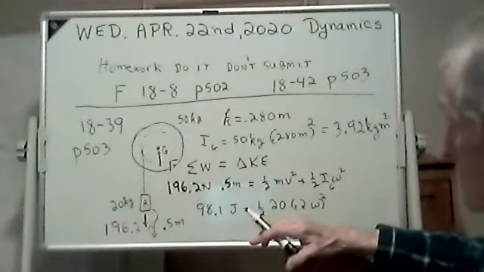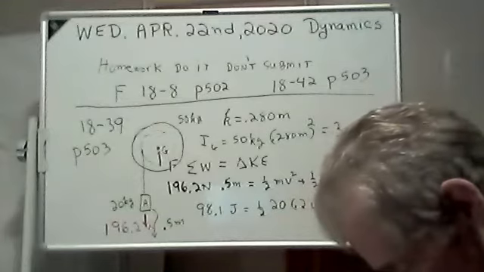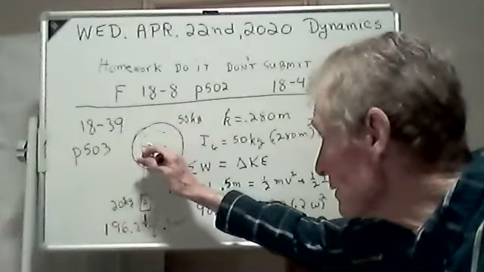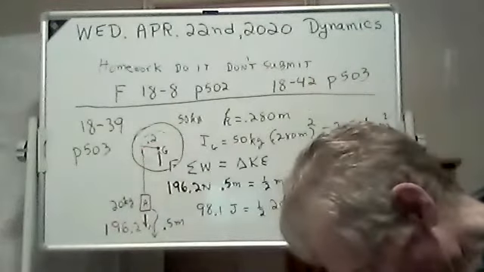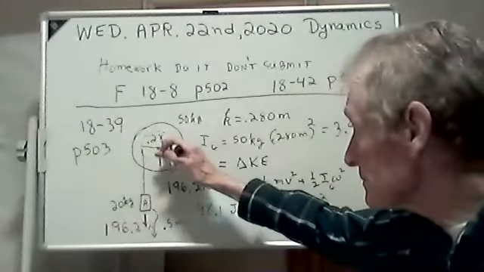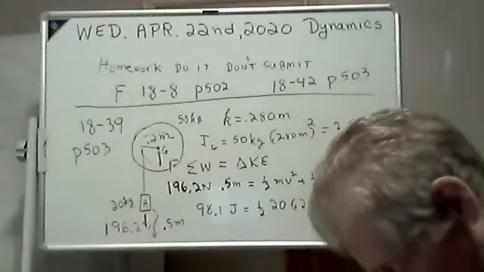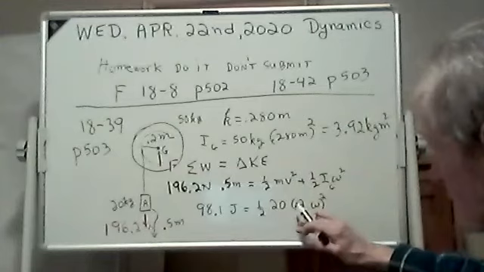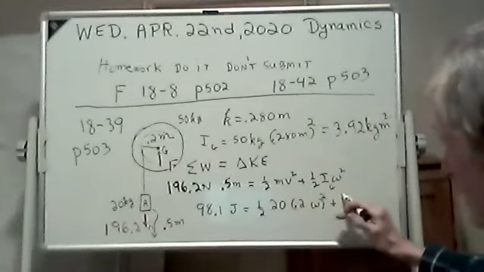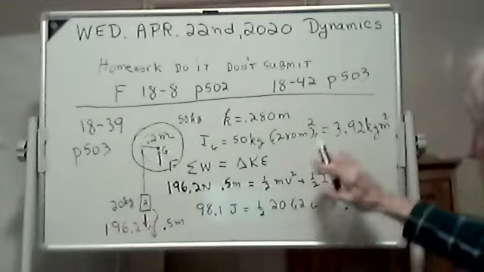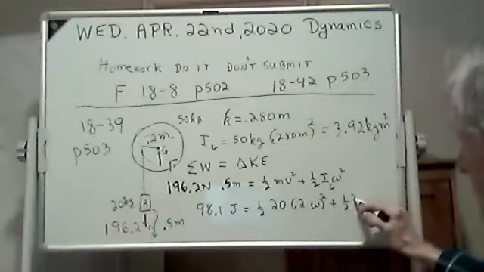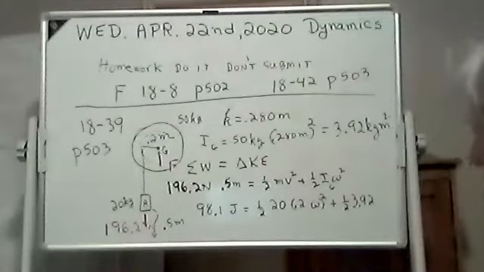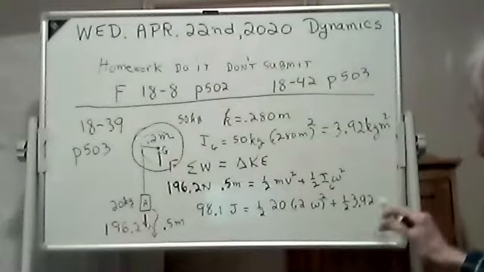If you read the problem, this distance here is 0.2 meters. So you've got to go 0.2 meters times omega, square it. And not done yet. You've got to go 1/2, 3.92. Shame on me for not putting units in there, but I'm running out of space. Times omega squared.